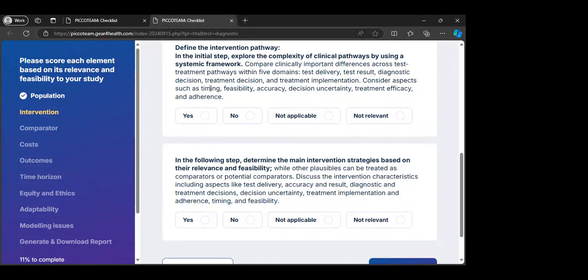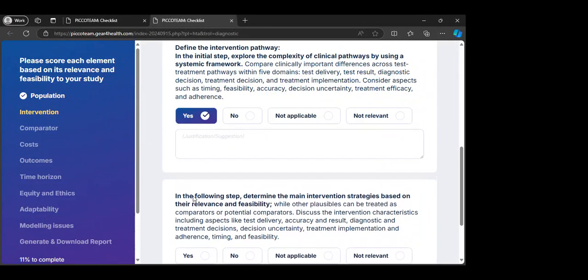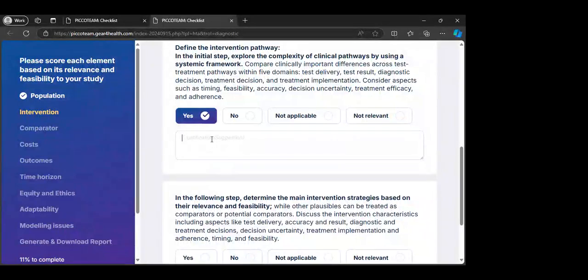You can also integrate timing, feasibility, accuracy of the test, the uncertainty in the decision, efficacy of treatment and adherence into the pathways. So we can say here we have cascade testing plus statin. Cascade testing plus lipid confirmatory test.